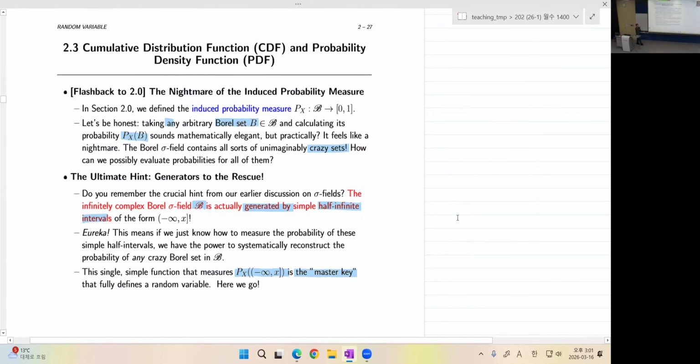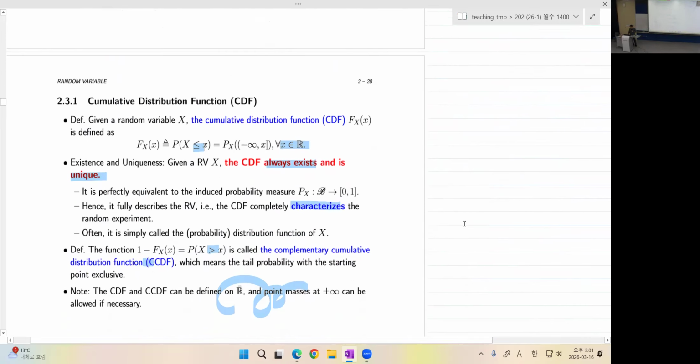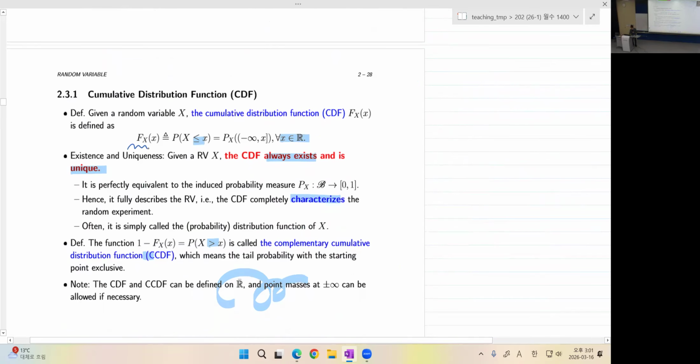Anyway, so here goes the formal section 2.3. It's about the cumulative distribution function, and its definition is very, very simple. It is defined this way. The CDF of a random variable X, usually denoted by capital F subscript capital X, means, hey, I'm the CDF of random variable X. And this is the argument of the function.